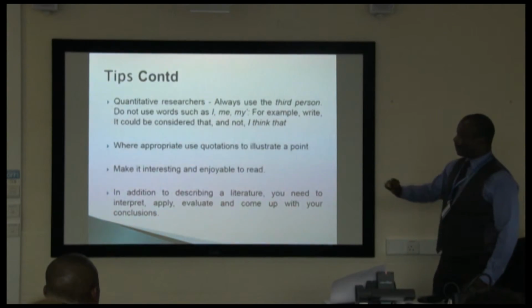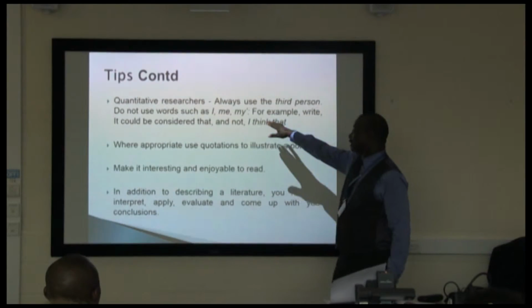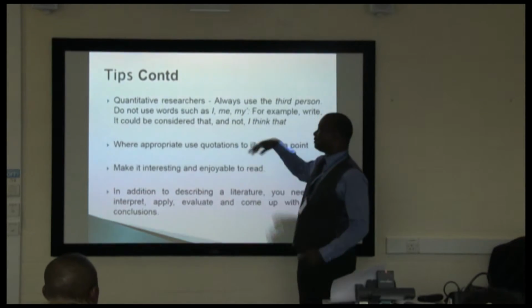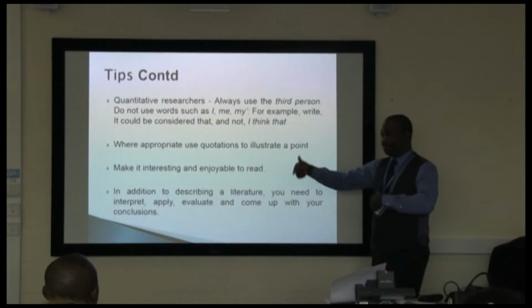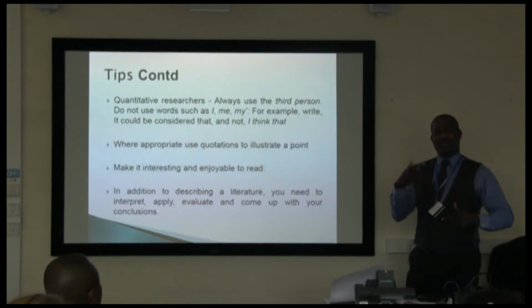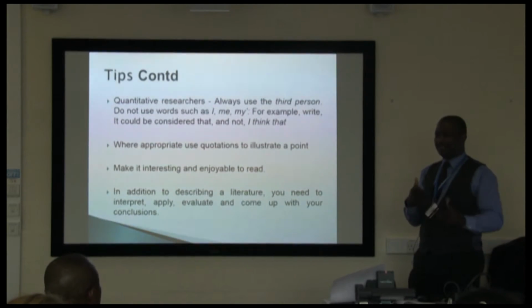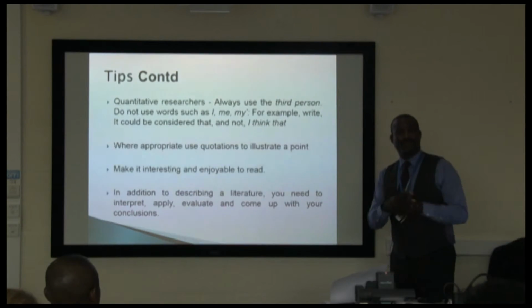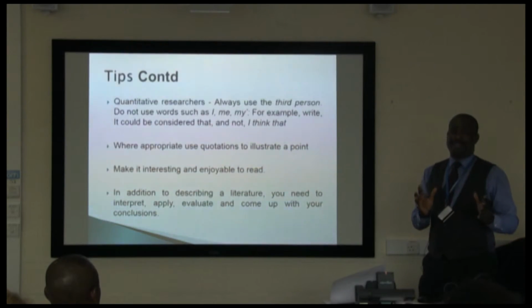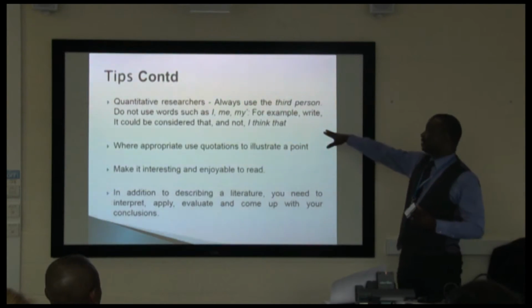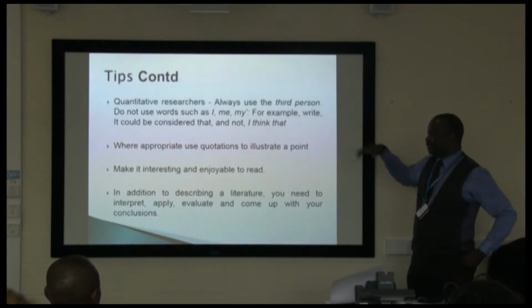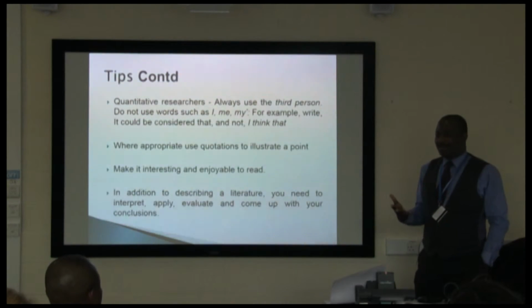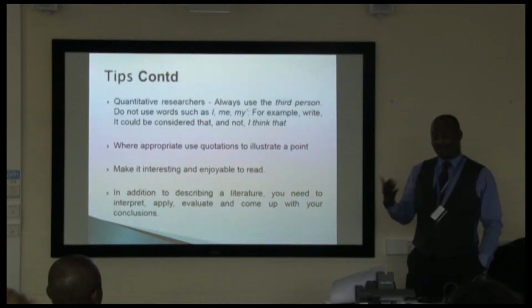One of the things I know is that qualitative researchers are allowed to say something like I, me, my, in particular when you are doing your reflexivity. But in quantitative research, you cannot use first person. You cannot say I, me, my. So you need to write in third person.